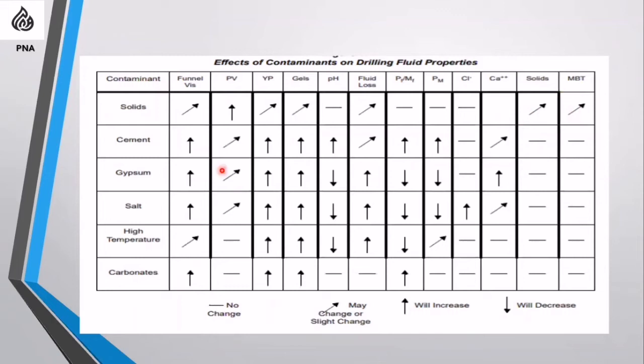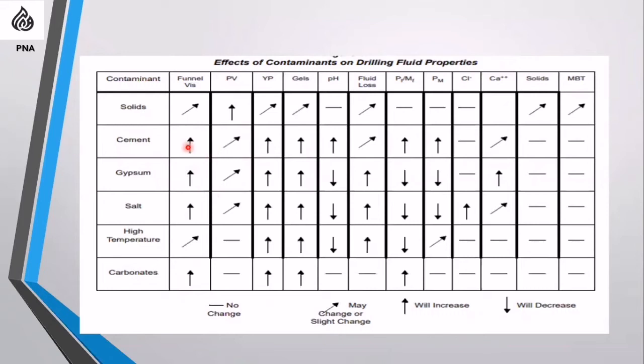So he has solids, especially if PV increased very high. Here we have contamination of solids. This table is very important to determine which contaminant you have after you do the test.